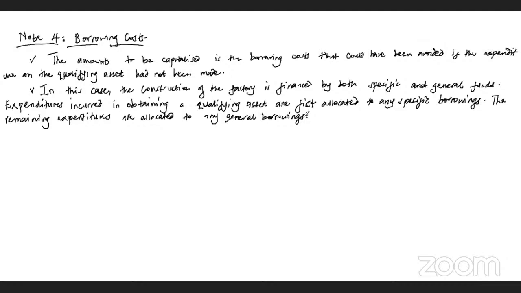How much is the balance? 11 billions. Members, we are saying that we are incurring 25 billions on the construction of this factory, but out of the 25 billions, 14 billions are from specific funds, and of course, 11 billions are from the other general borrowings.